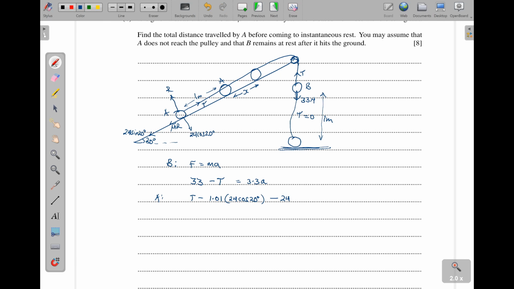So 24 sine of 20, and then we shall equate to 2.4 a. So when I add these two, this one will disappear, the tension will go. That means we shall have 33 here minus 1.01, then times the 24 cos of 20 minus the 24 sine of 20, which is equal to 2.4 a.